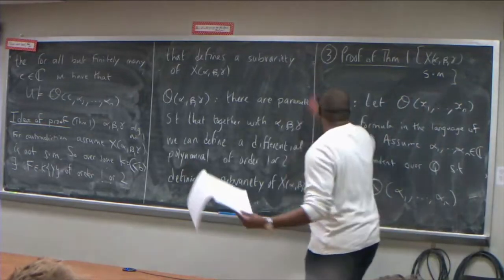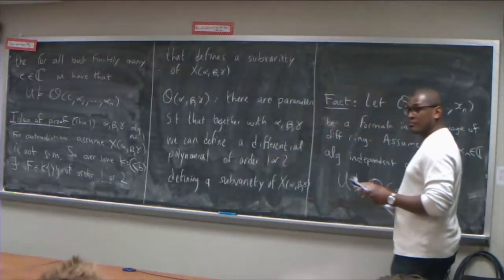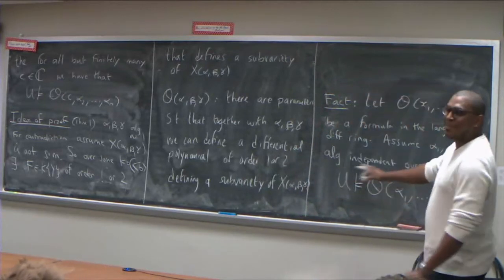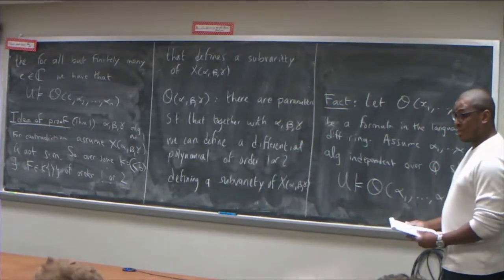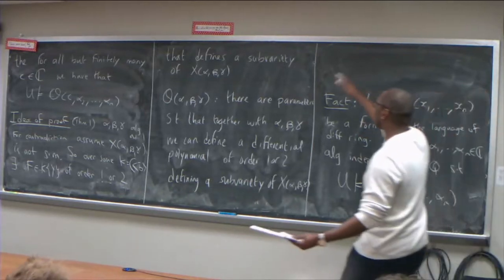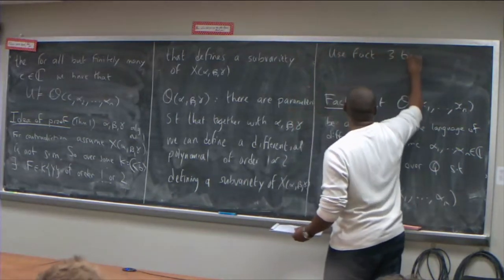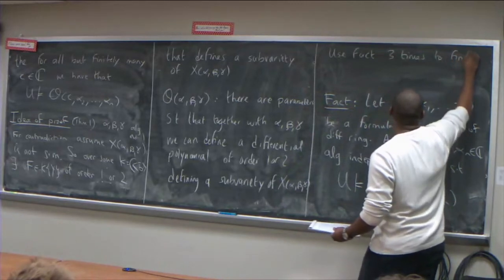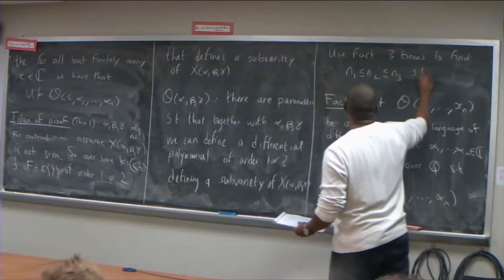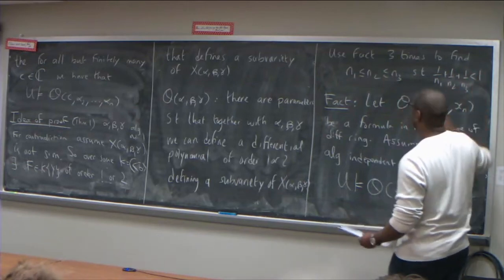So then, using the fact 3 times, I find n1, n2, n3 such that 1 over n1 plus 1 over n2 plus 1 over n3 is less than 1.